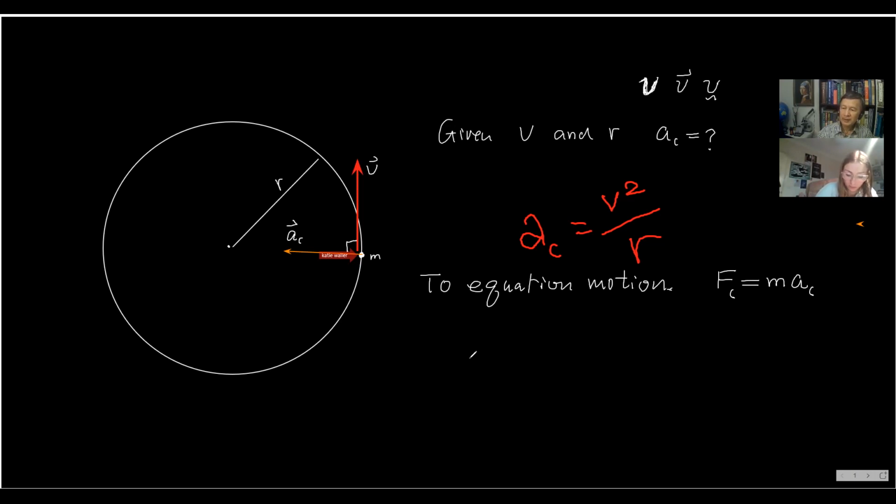So the acceleration a_c is generated by the force, right? You can rewrite this as F divided by m, but F_c can be different forces. One of the forces is just tension. If it's a rod holding the object, the force is just the tension, right? So one force is a tension.